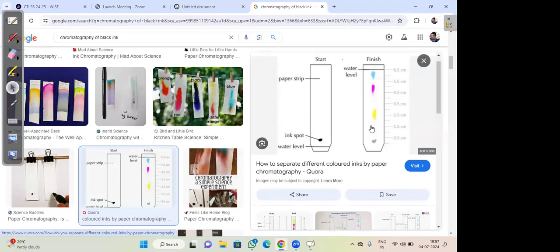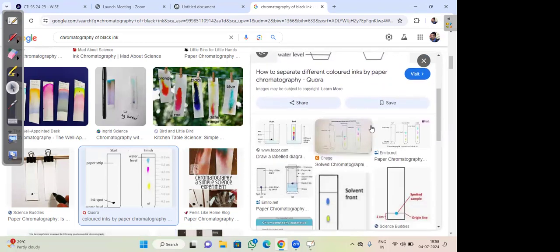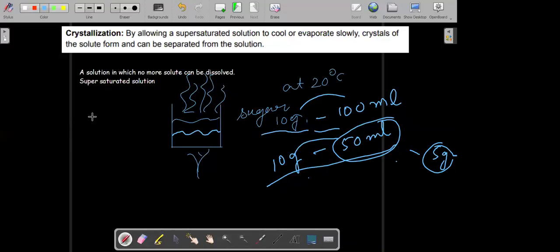So, what is the chemical formula of sugar? Sugar is C12H22O11. You can assume this sugar to be made up of two glucose molecules. One glucose molecule is C6H12O6.